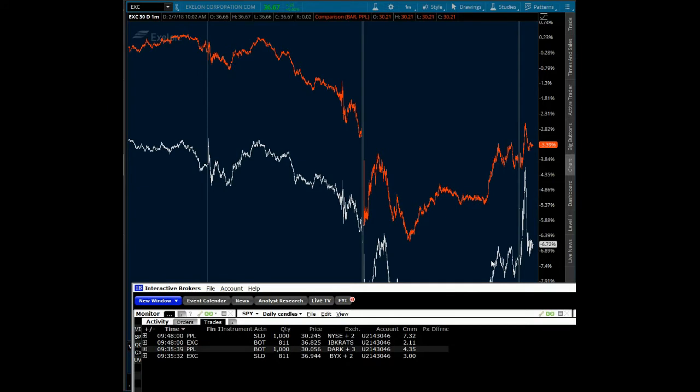So, just to give you an example of a trade that I did this morning, it's all here, okay? You can see that I shorted EXC and I bought PPL, okay? And then I covered the trade. So it's all here.